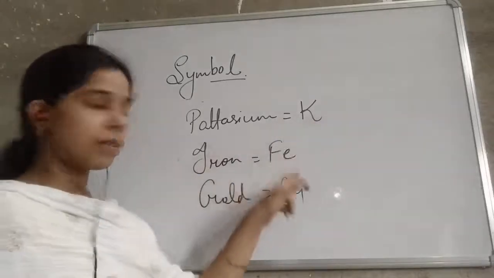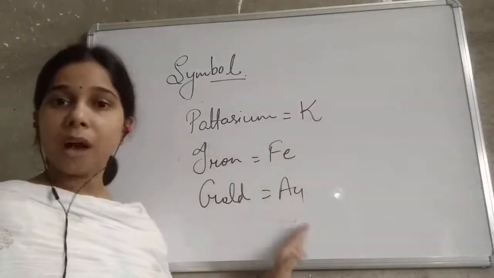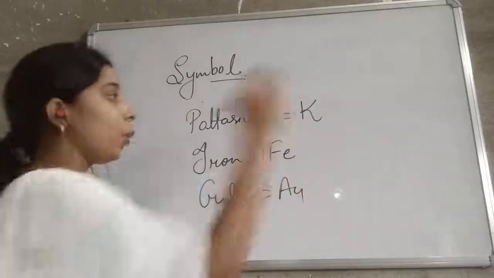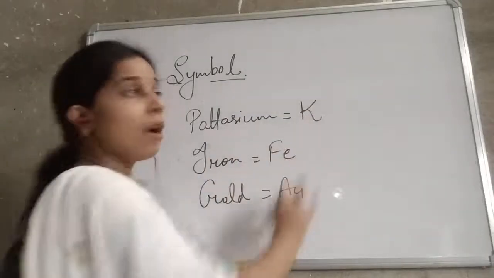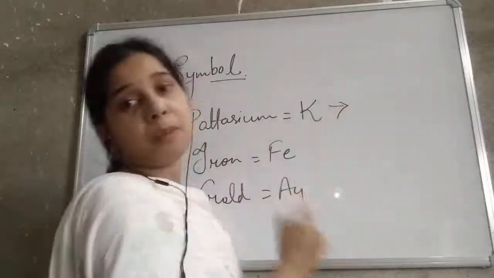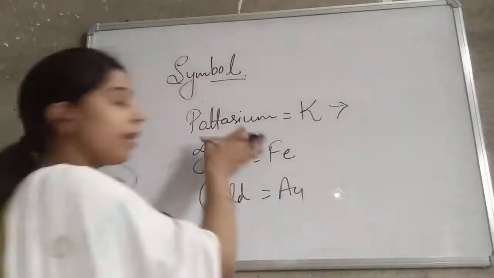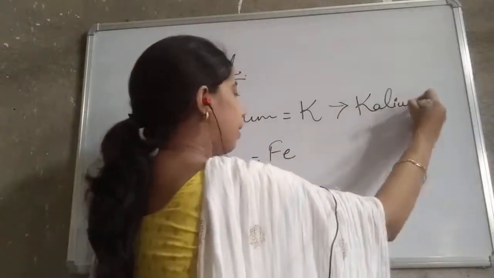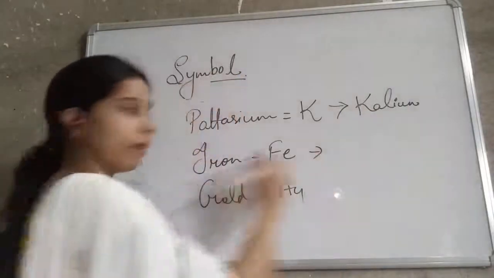So how did these symbols come about? Basically, we took these letters from the Latin names of these elements. The Latin name of potassium is Kalium. The Latin name of iron is Ferrum.